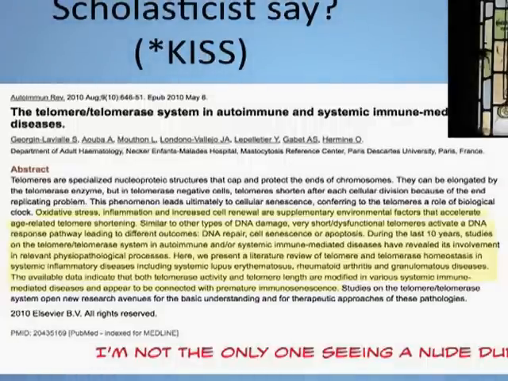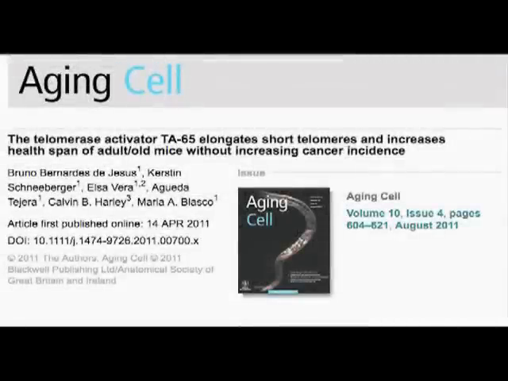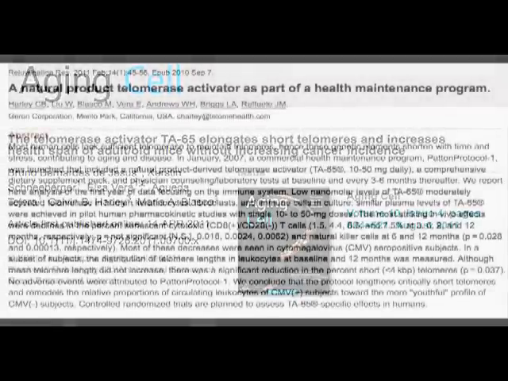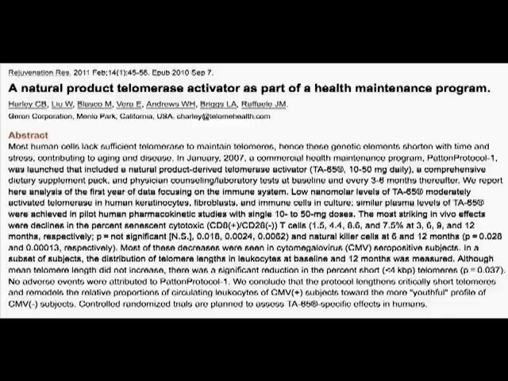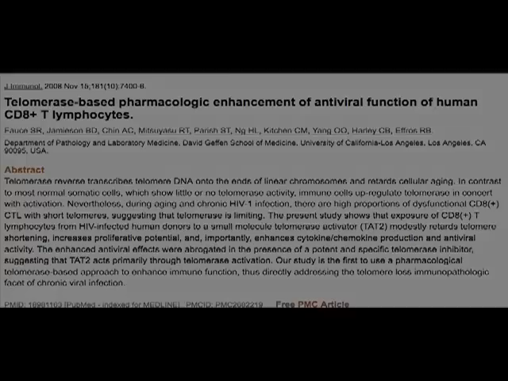And one of the proofs that we have from taking TA65 is that the immune system does appear to regenerate. And so this is all in keeping with this overall theory of arthritis being a disease of aging.